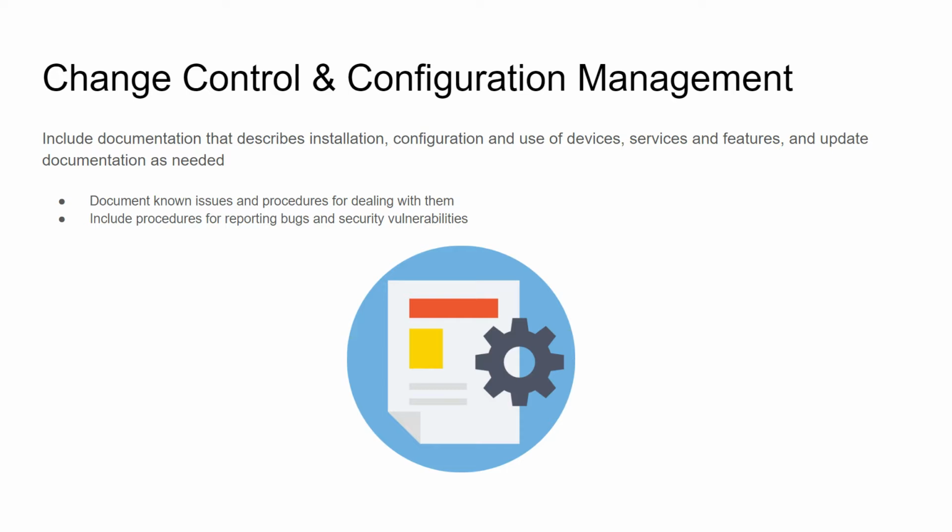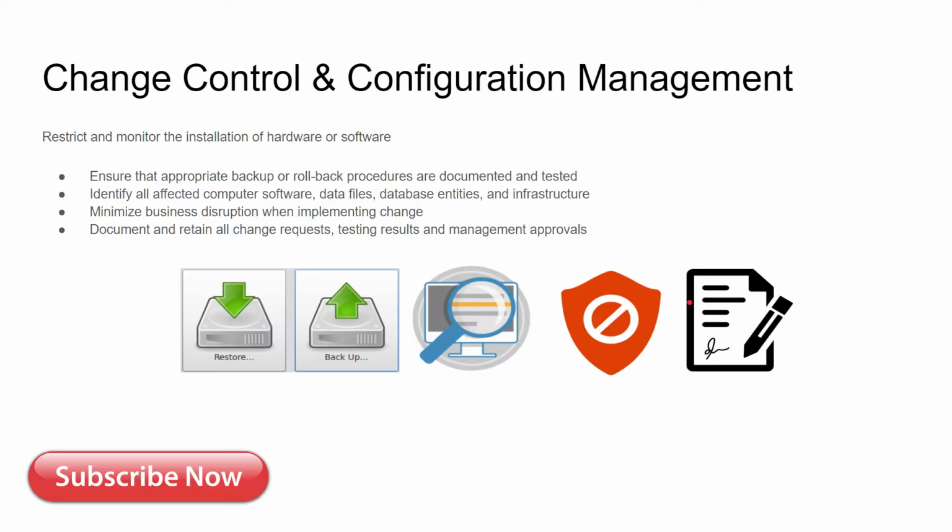Within your organization or company, make sure you have an in-house ticketing system or IT help desk system where your employees can create issues and report all the bugs and security issues.